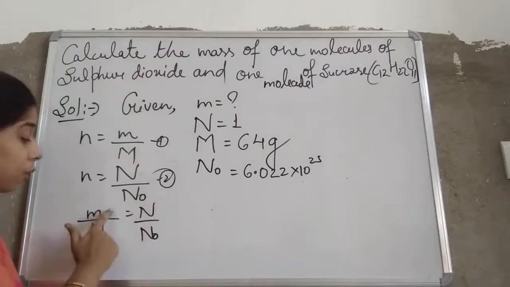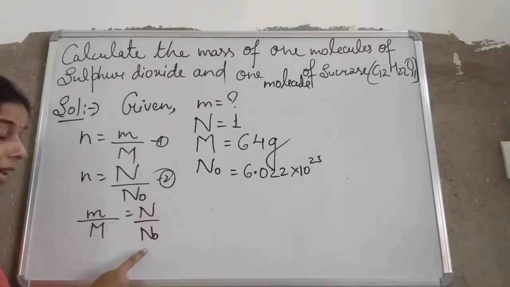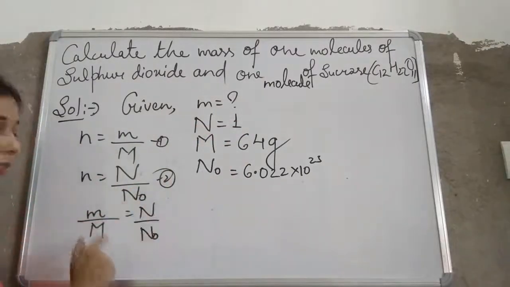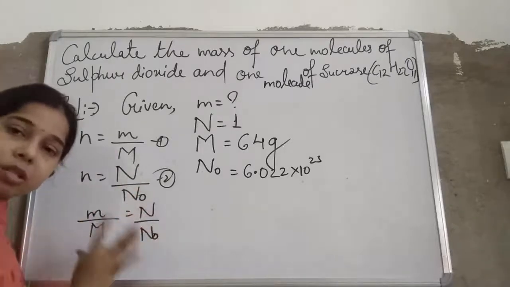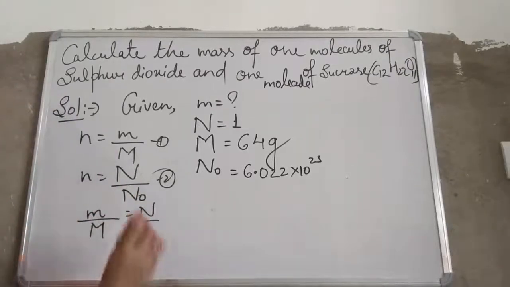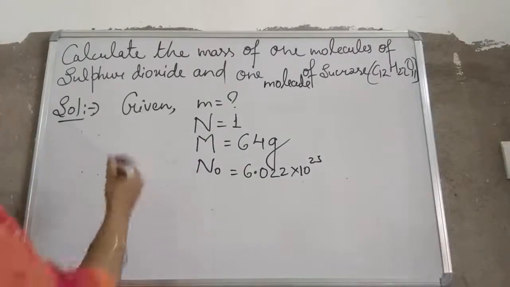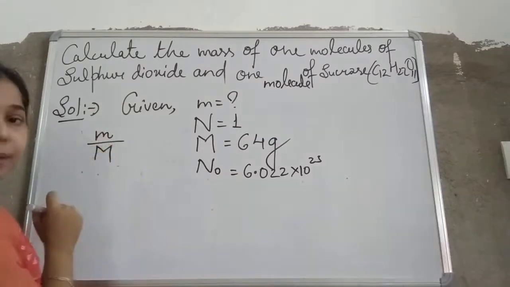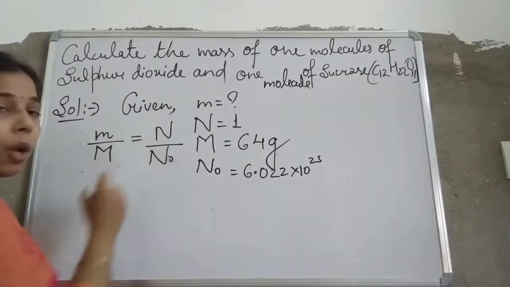Why is it so, student? Because we have to find the mass and the capital M and N naught values are given there. So if three values are given there, we have to find the fourth one. So it will be very easy to use this formula. Now see here. m upon capital M is equal to N by N naught.